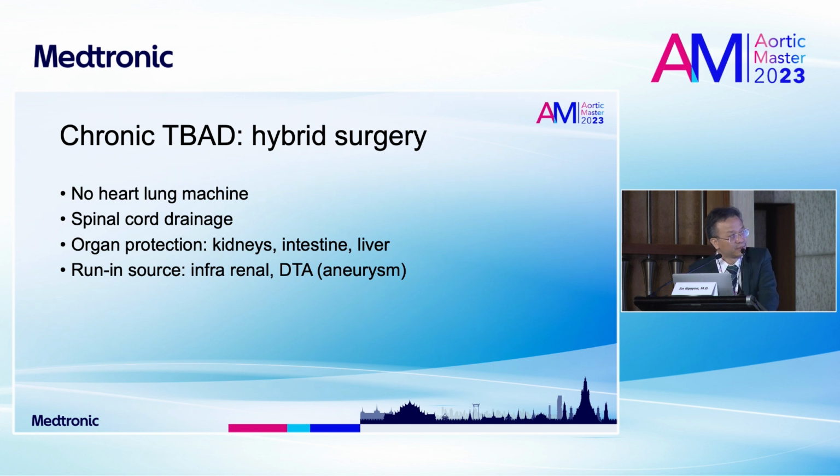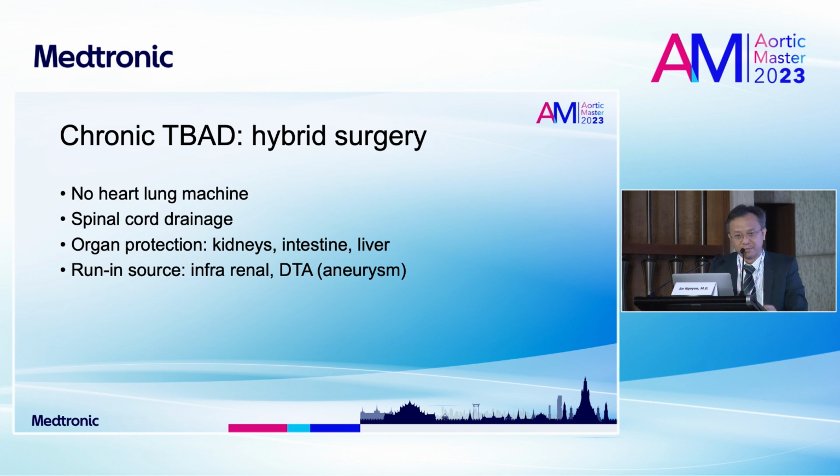And the inflow source of the prosthesis may be in the descending thoracic aorta or in the infrarenal abdominal aorta. When you deal with chronic dissection, if we are lucky that the infrarenal aorta is still okay, we can use it as the inflow source.